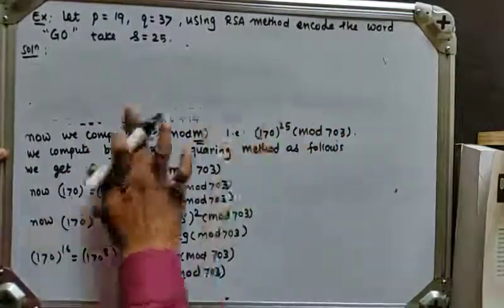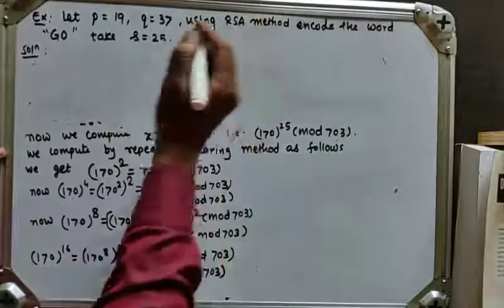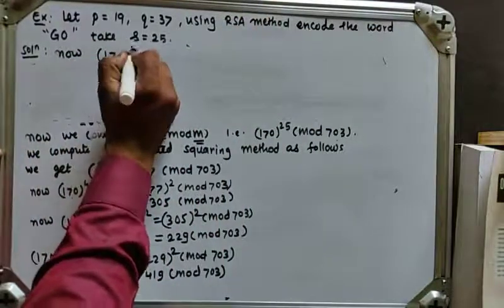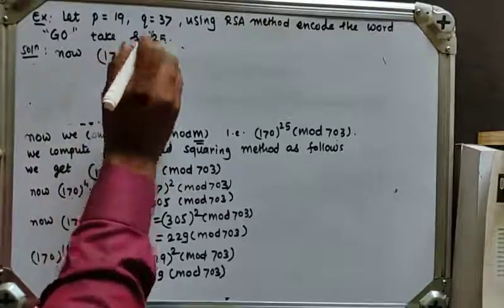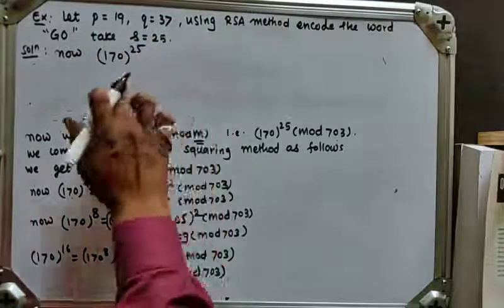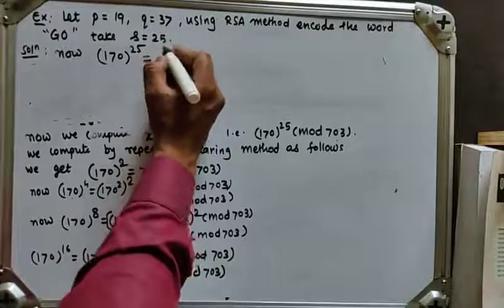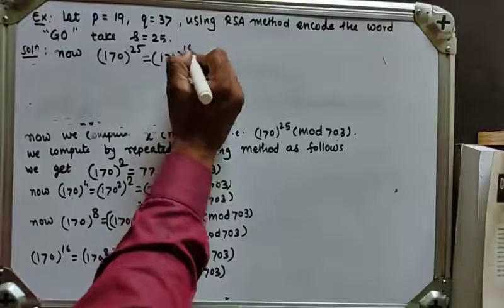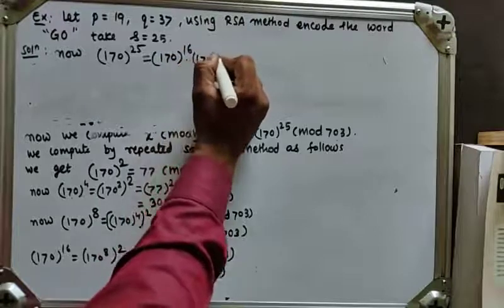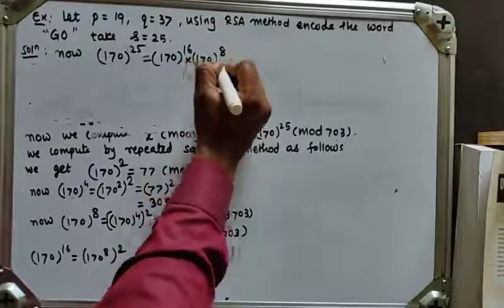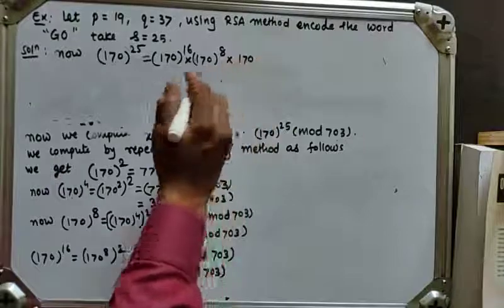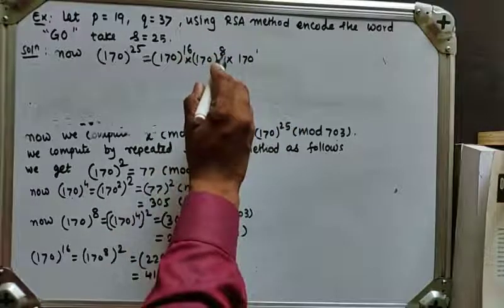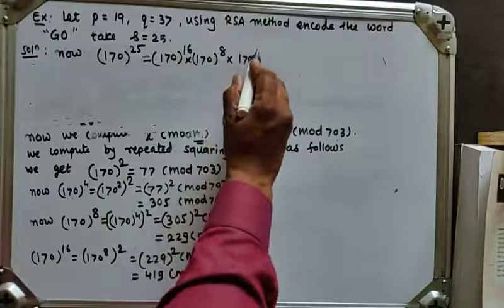It can be written as 170 raised to 16 into 170 raised to 8 into 170, by addition of indices: 16 plus 8 is 24, 24 plus 1 is 25.